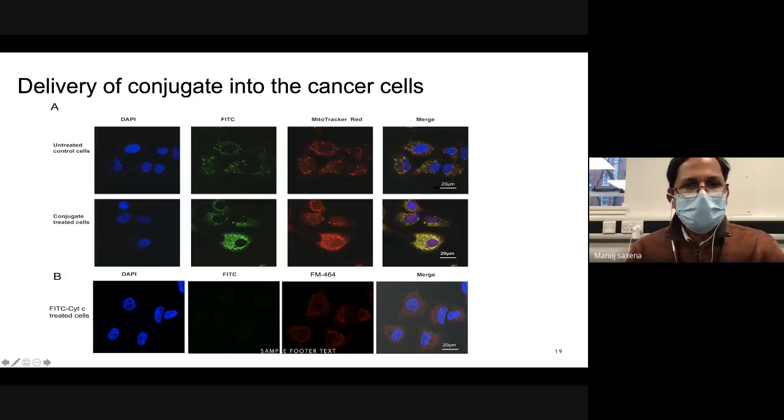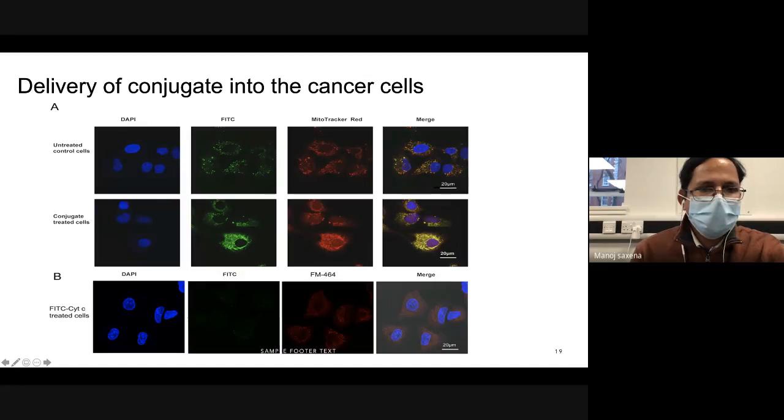If you compare them, cytochrome C was probed by a green antibody. In the untreated control cell, it's just punctate or very pointed cytochrome C, because this is just the endogenous cytochrome C label of the cells.